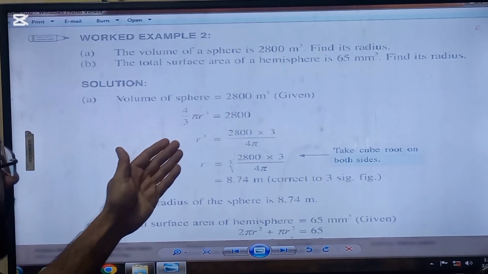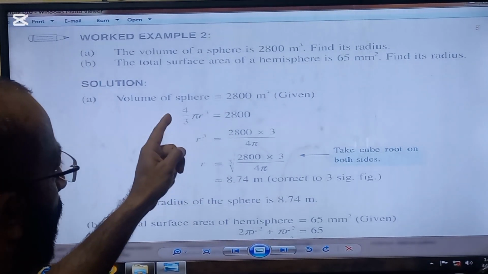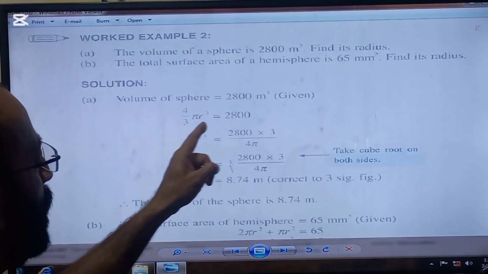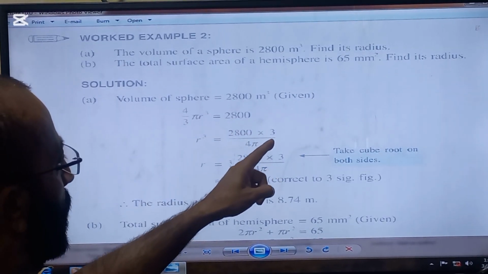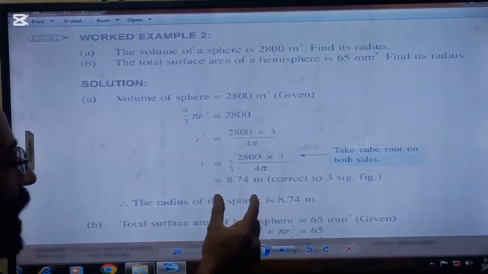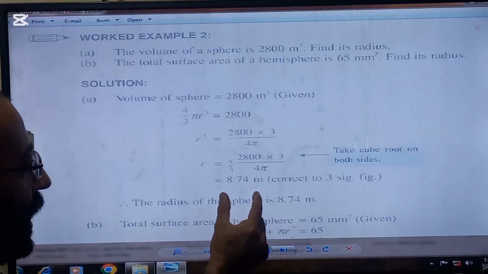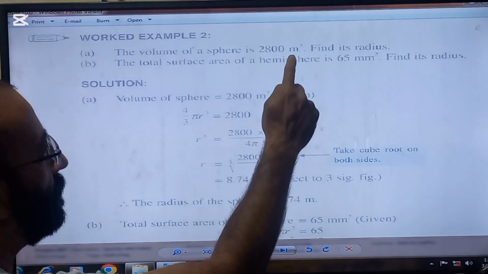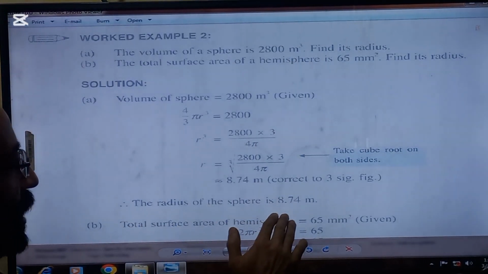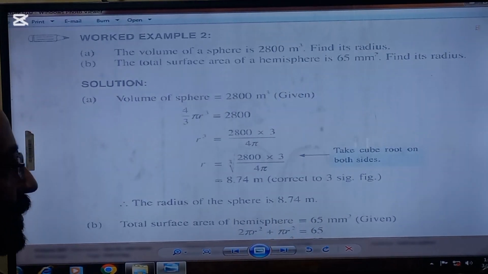And from here, 4 will be 4 and pi will go to the denominator on the right side, and 3 will be multiplied by 2800. At this step, you will use the calculator and will find the value of r. Unit will be meter. So the radius of the sphere is 8.74 meters.